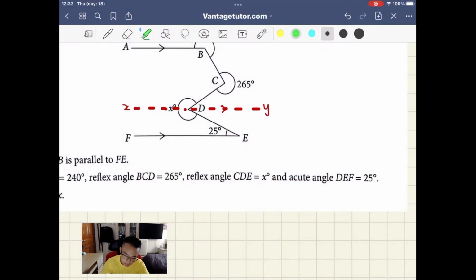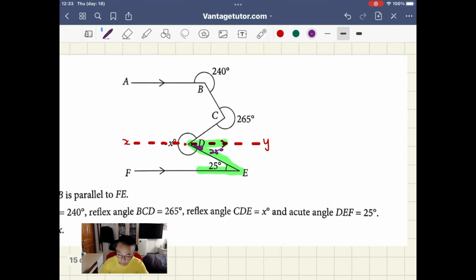In this case, we don't even need to use our secondary school knowledge. We can just use our alternate angle, where I can see a Z angle right here. And that means to say, this angle here in purple is actually 25.